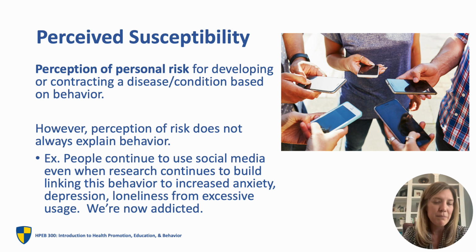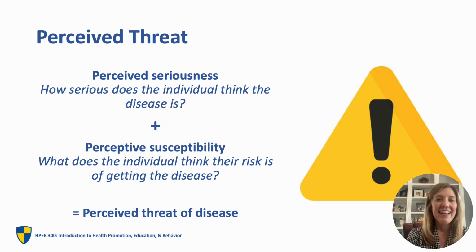So we are incredibly susceptible, incredibly vulnerable to developing or contracting particular diseases or conditions based on our health or unhealthy behaviors. The health belief model has a fun little formula here that includes these two theoretical constructs: perceived seriousness and perceived susceptibility equals someone's perceived threat of disease.